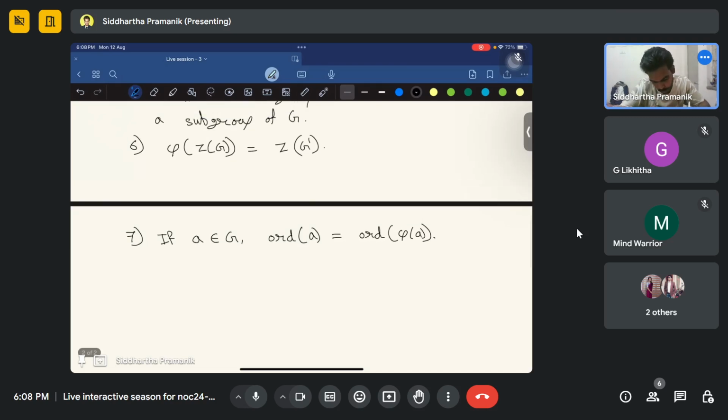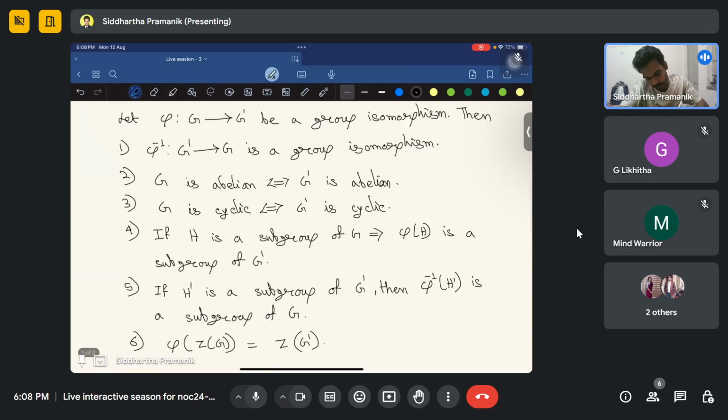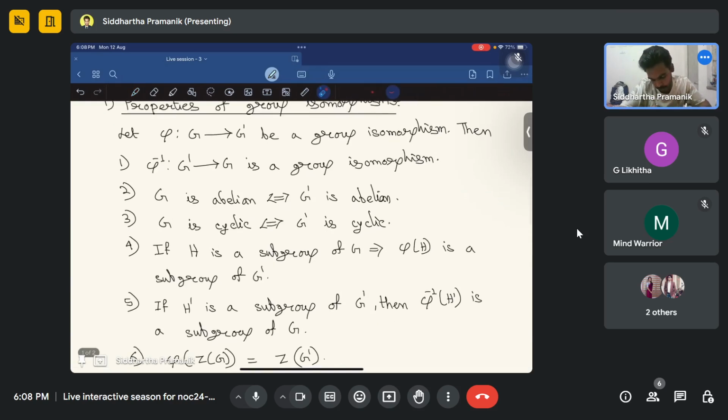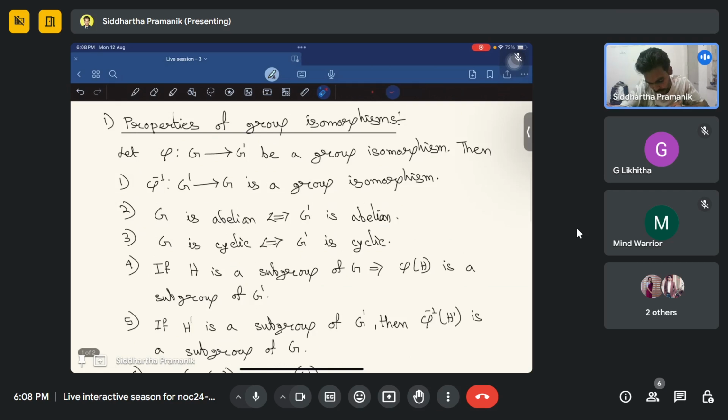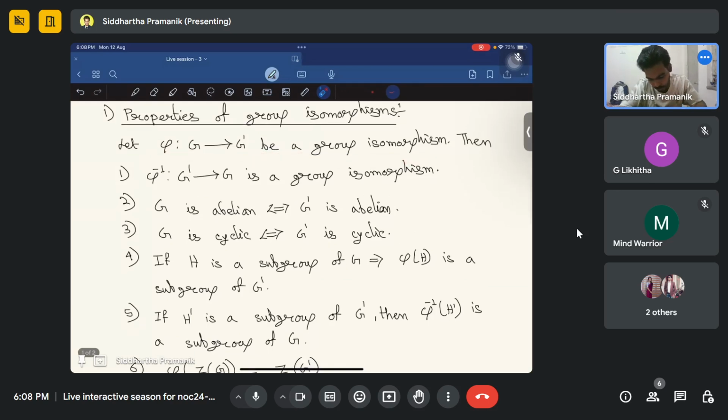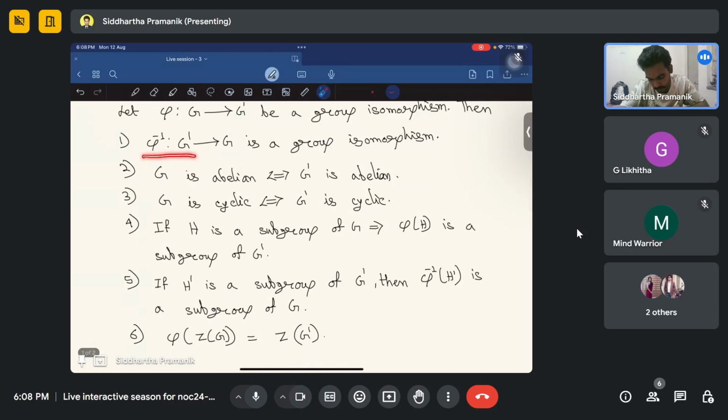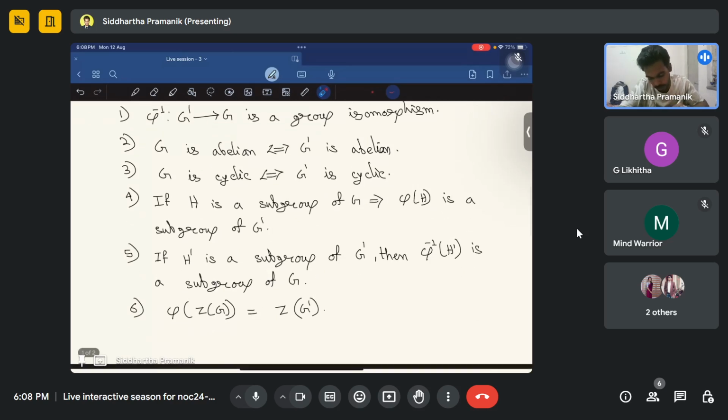Okay, so let me read out the properties again. Given phi from G to G prime a group isomorphism, we have these following properties. First one: the inverse function from G prime to G is also a group isomorphism. Second: G is abelian if and only if G prime is abelian. Third: G is cyclic if and only if G prime is cyclic.